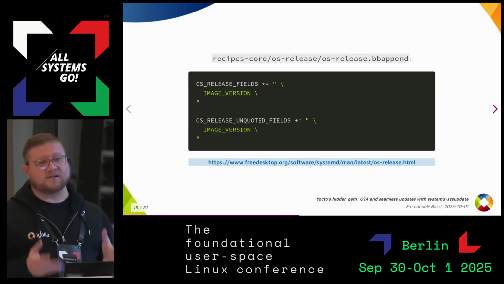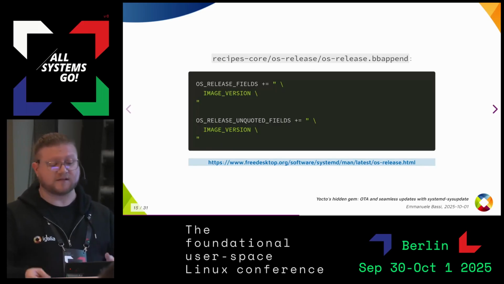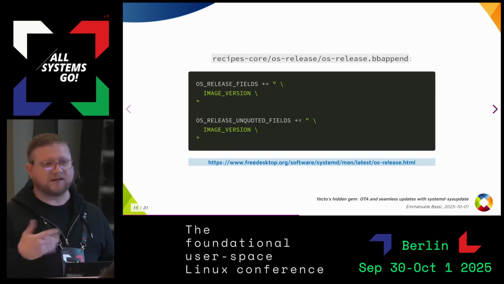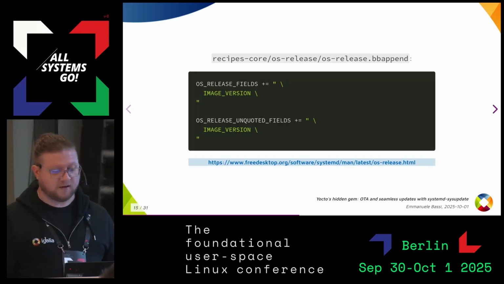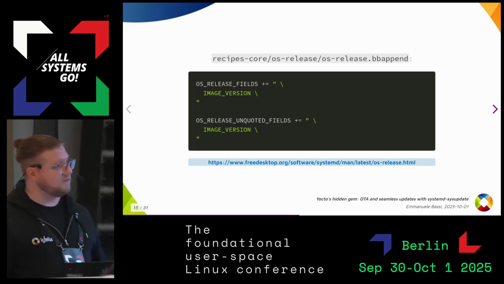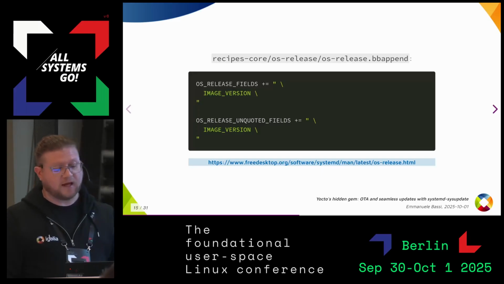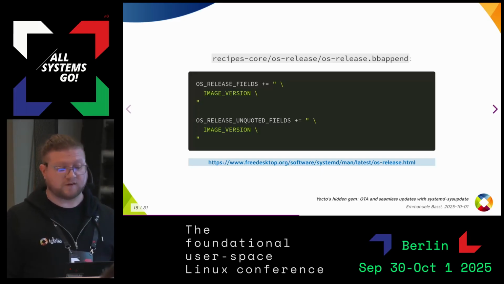Again, this one is done by editing the OS release recipe, just appending a bunch of information there. What we want to do is add a field to the OS release file inside our etc directory.